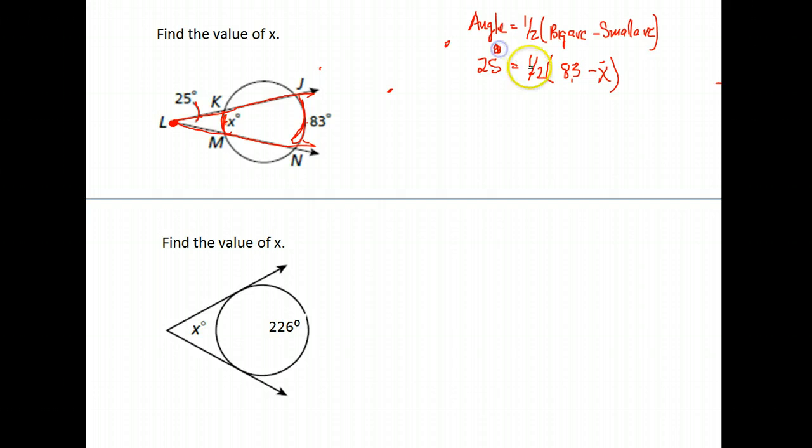Well, what I am going to do is multiply both sides by 2 to get rid of that 1/2. And that gives me 50. 2 times 25 is 50 equals 83 minus x. I'm going to solve for x, so I would subtract that positive 83 from both sides.